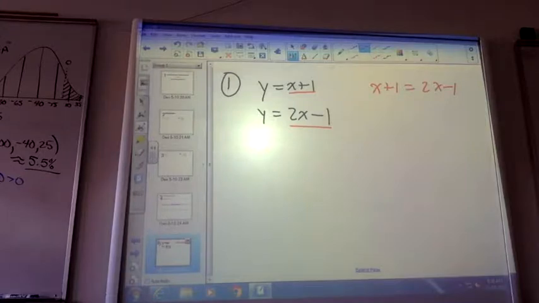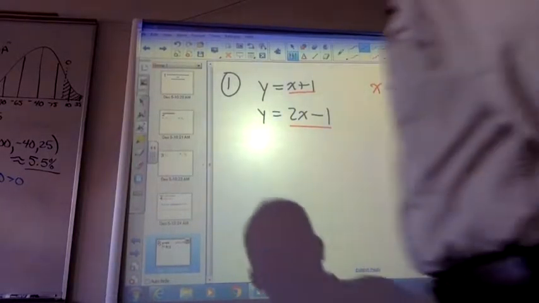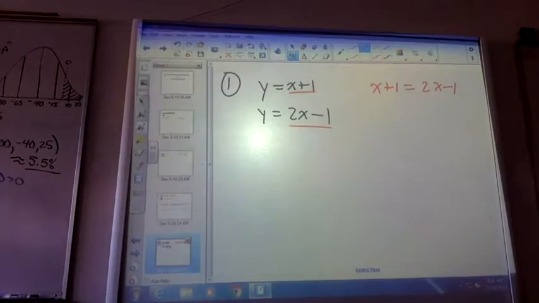If you had y equals a smiley face and y equals a palm tree, you could say smiley face equals palm tree. I know that sounds goofy, but that would be one way to look at it. All right, so we know that x plus 1 is equal to 2x minus 1. Now that becomes first or second week of Algebra 1, solving it.